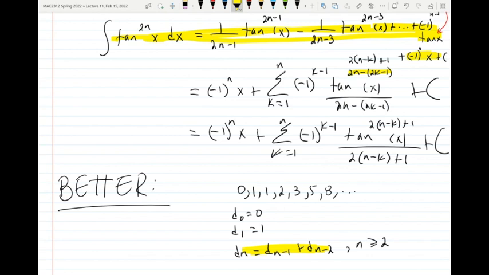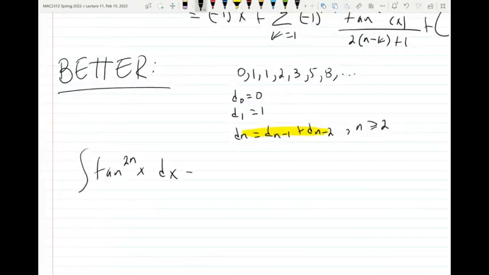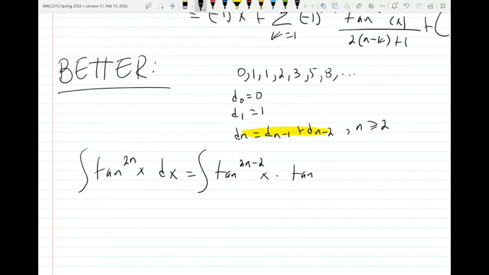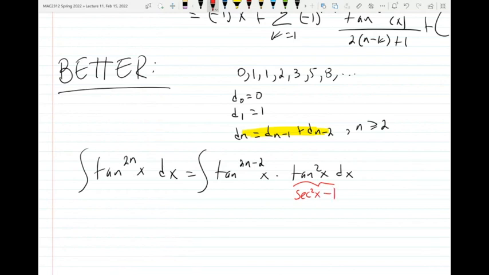So we can actually rewrite this formula in a recursive way, meaning I'm going to write this in terms of another integral which has a lower power, okay? And what was the idea? Let's figure it out. So remember, what we do is we take out a tangent squared. When you take out a tangent squared, the power of the remaining tangent is reduced by 2. Then the tangent squared is turned into a secant squared minus 1.